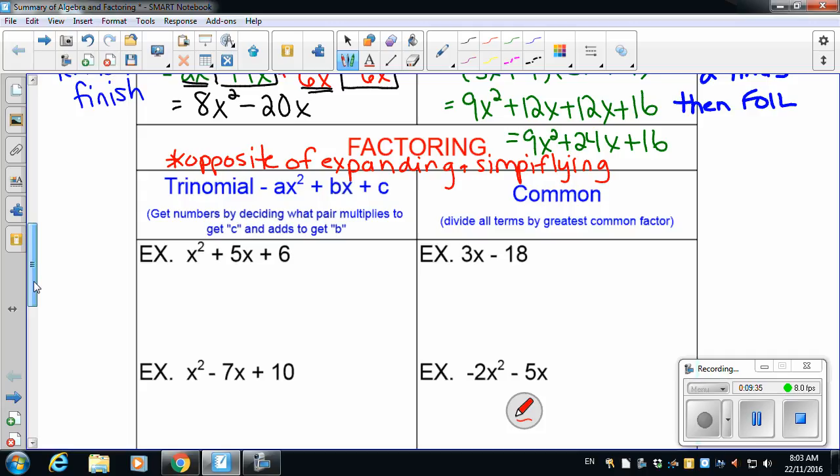So you will notice that this answer, in a trinomial, looks a lot like what I got from foiling. That means what I multiplied to get it started out with 2 brackets.